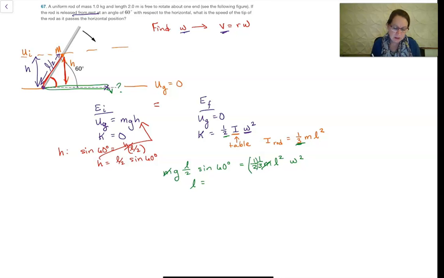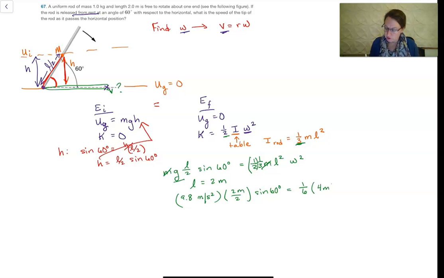So my L is 2 meters. And if I plug that in, that'll be 9.8 meters per second squared times 2 meters over 2. That's easy math. Sine of 60 degrees is equal to now 1/6 L squared, which would be 4 meters squared, times omega squared.